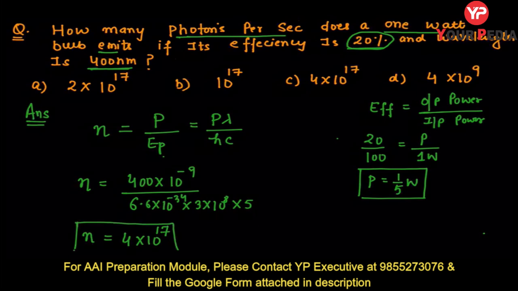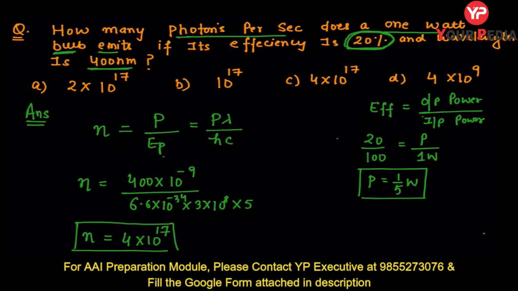So keep in mind, student, when the efficiency of the light source is given, and the light source is a bulb. In my previous discussion, when I was discussing the number of photons emitted per second, at that time I assumed 100% efficiency. That is why I directly utilized P, its power. But now efficiency is 20%, means whatever its power, out of that 20% it is emitting in the form of light.